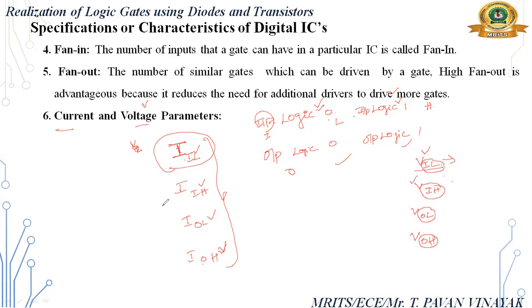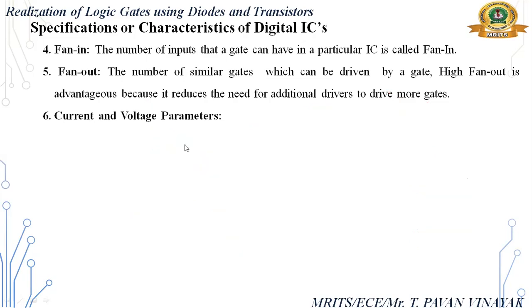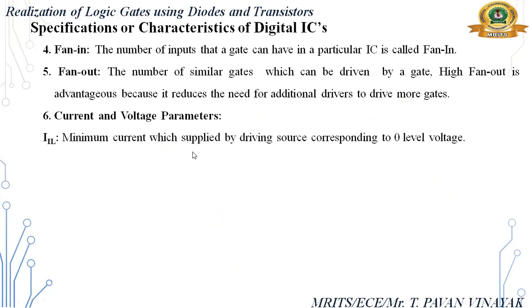We have a total of 4 current parameters and 4 voltage parameters. What are these parameters? See, IL represents the minimum current which is supplied to the 0 level.